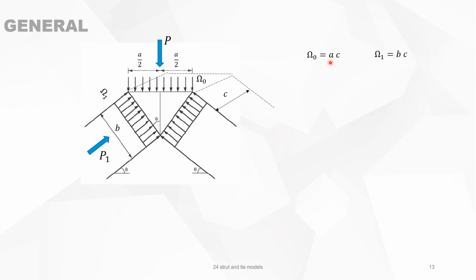So it's A times C, and omega 1, the surface here, is of course B times C. The reaction force in the strut is then P over 2 divided by the sinus of theta. And we see that B times the sinus of theta equals A over 2.